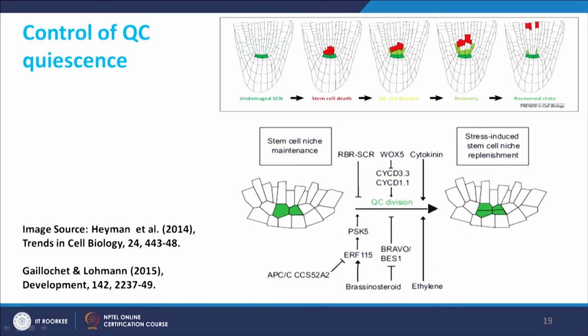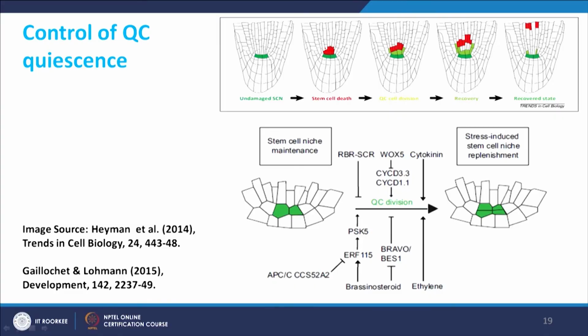Then another very interesting thing here is the control of QC. Basically, I said that QC is very important for maintaining root apical meristem activity, but QC itself does not divide very actively. So could it be that its function is only to regulate the activity, or can it have more functions?